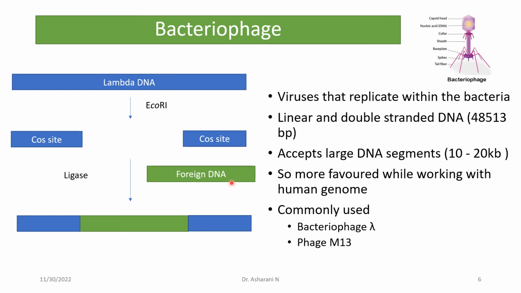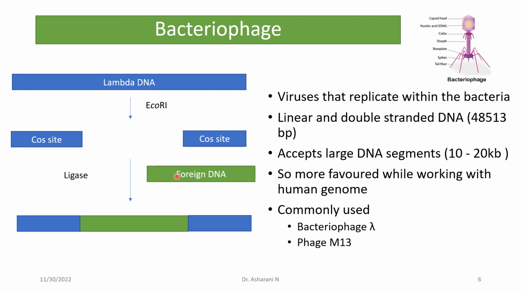So this feature of bacteriophage makes it our choice as a vector in rDNA technology. We can remove the non-essential DNA and insert the foreign DNA without affecting the properties of the phage genome.